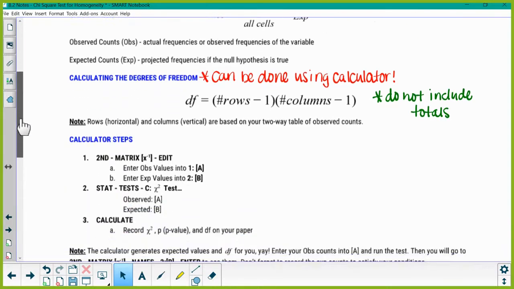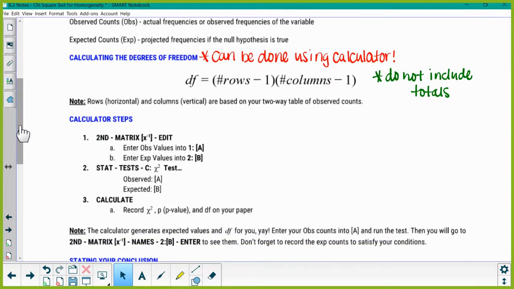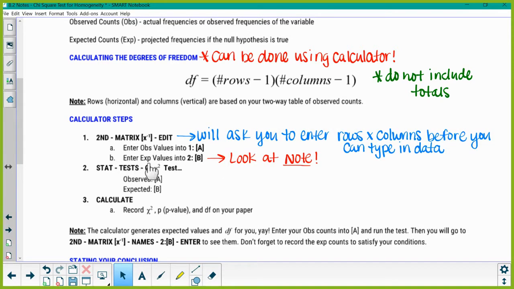So going into calculator steps, I'm going to go over this a little bit more once we get into a question. But basically, we're going to enter in observed values into matrix A. And then we're leaving matrix B blank because the calculator is going to auto-populate it for you.